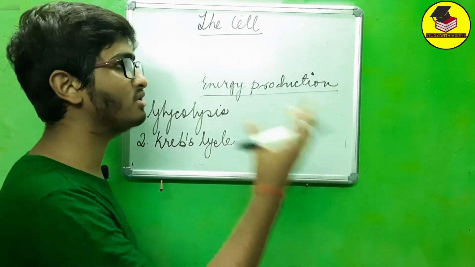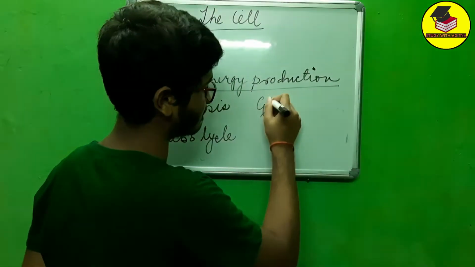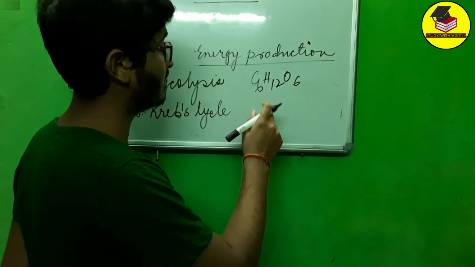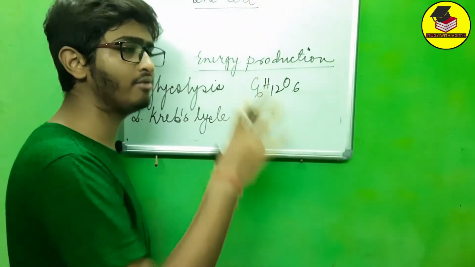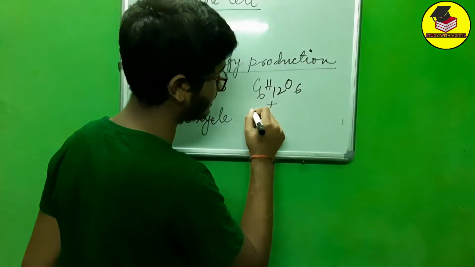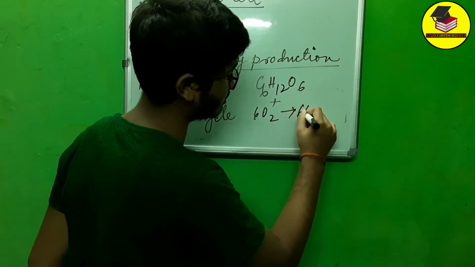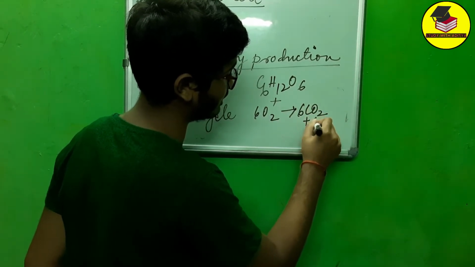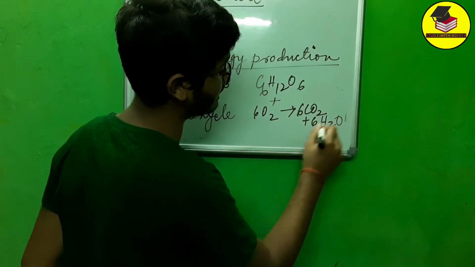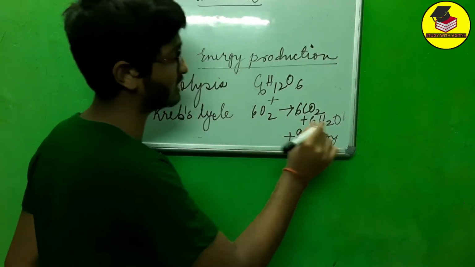So the glucose molecule formula is C6H12O6. This combines with 6 molecules of oxygen to form 6 molecules of carbon dioxide, 6 molecules of water, and it liberates energy. So this is the sum total reaction.